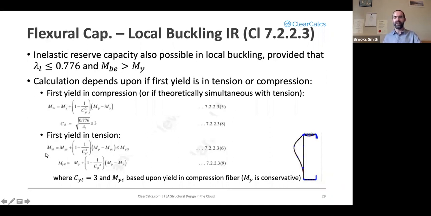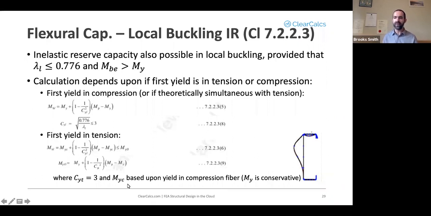If your first yield is in tension, you have a slightly more complex equation here. I'll point out here that there's an M sub YC and an M sub Y. Conservatively, you can always assume that M sub YC equals M sub Y. But if you want to be really accurate here, if you want to get every last bit of capacity you can out of your section, M sub YC is technically based upon the first yield in the compression fiber.